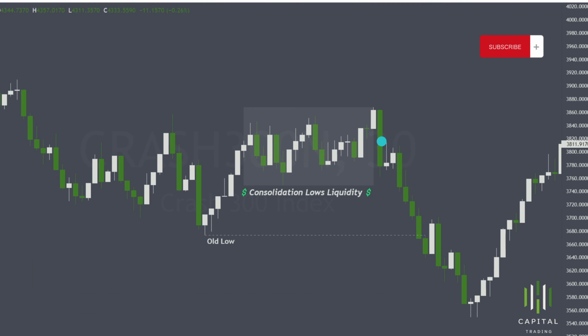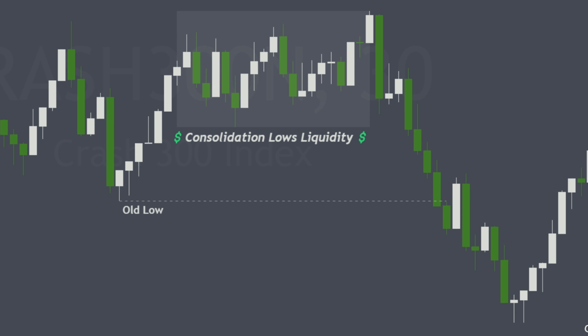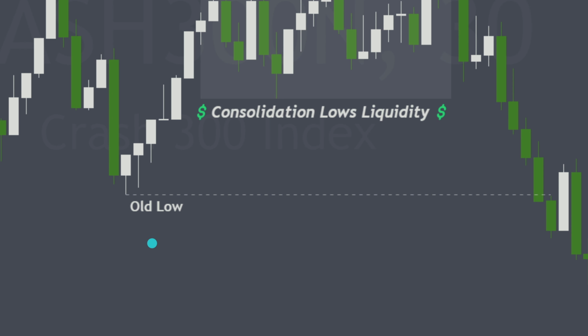That's what price did. We had price dropping and then reaching into our lows, with such velocity and displacement, moving to the downside to reach into that old low, which acts as our old lows liquidity.